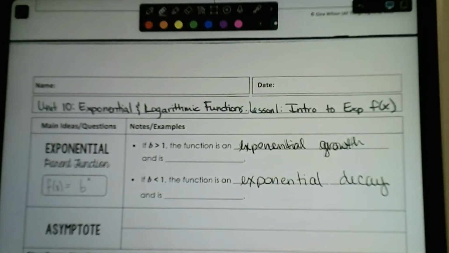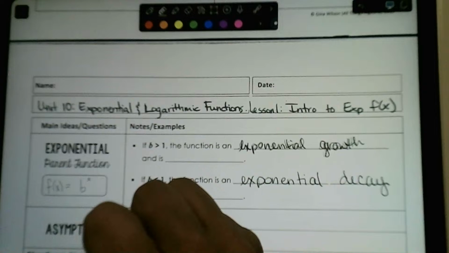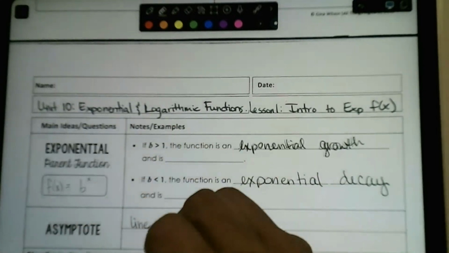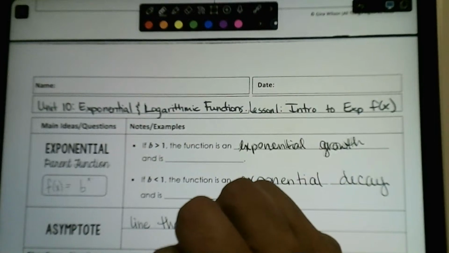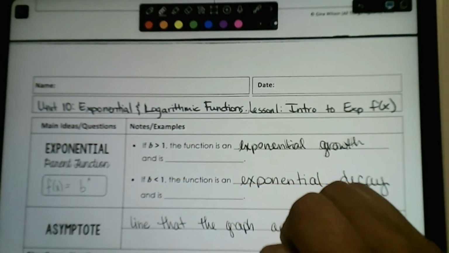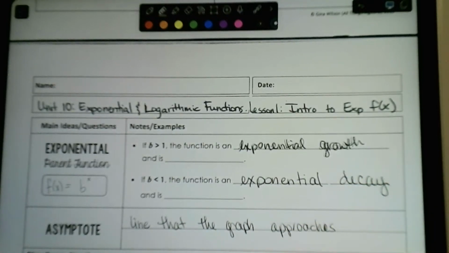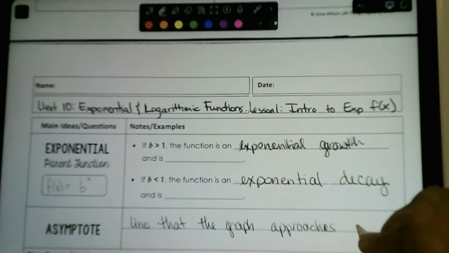It's going to have an asymptote. Remember that an asymptote is a line that your graph approaches but never touches. And when we say graph, we mean the actual drawing of the f of x rule.